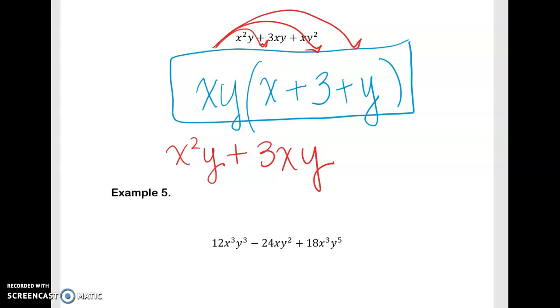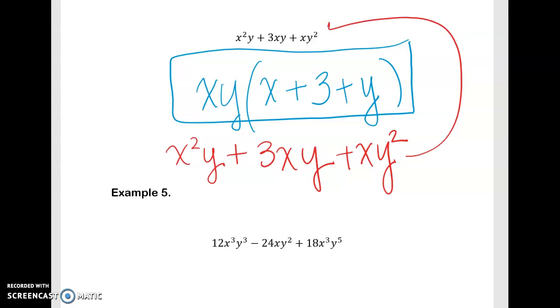And then xy times that last term will be a positive x, and it's y to the first. y to the first will be y to the second. So you can see, if I go ahead and erase these lines up here, this is indeed what we started with. So this blue factored form is correct. That's the factored form, and that's your answer.